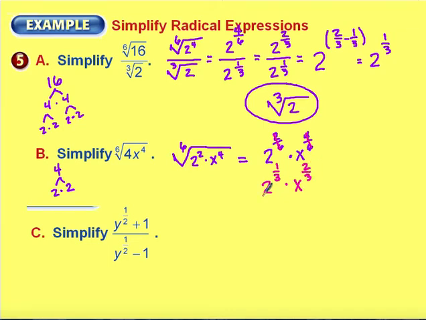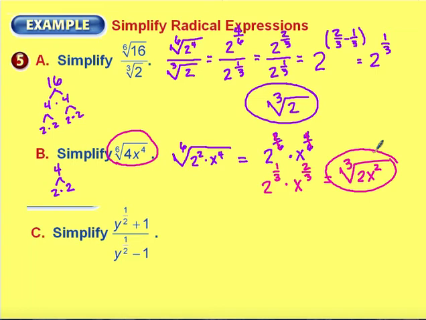Now I can't do any more combining because those are different bases, but I now can rewrite that with an index as small as possible. So this becomes the cube root of 2x squared, which simplified from the 6th root of 4x to the 4th. So we have our index as small as possible.